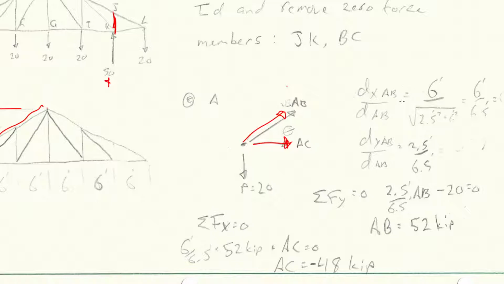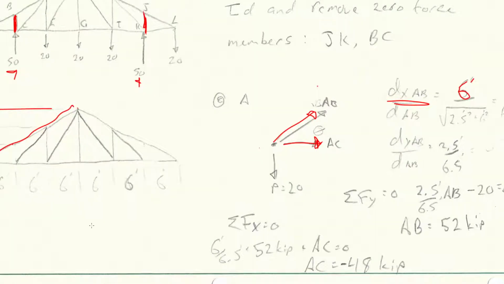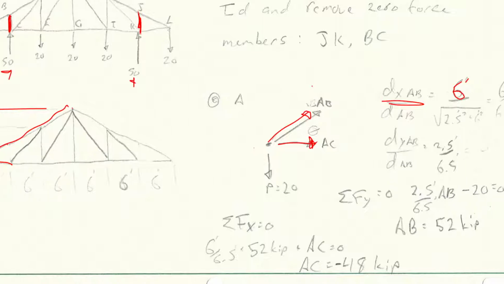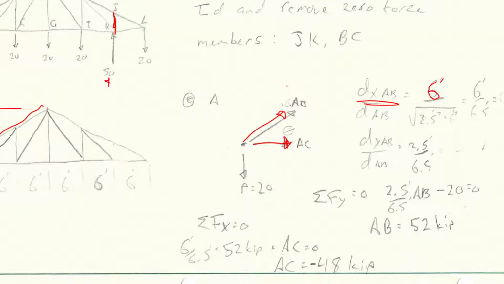The unit vector component in the x direction for AB is just the 6 feet that it moves over in that distance, divided by the total diagonal distance, which is equal to the square root of 2.5 feet squared plus 6 feet squared.